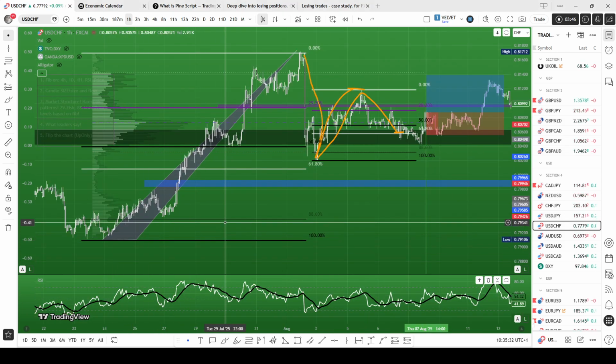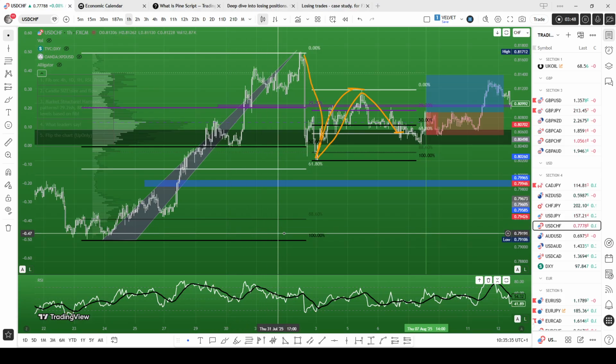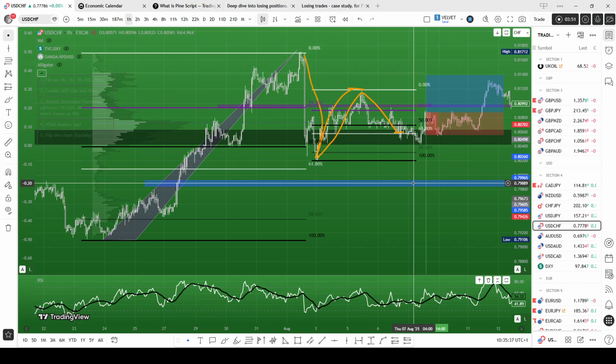Another case, USDCHF, and let's scale in.